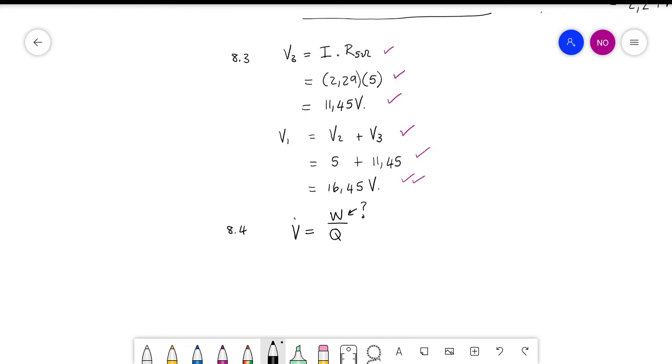Do we have the amount of charge flowing through it? No, but can we calculate it? Yes, because Q is equal to I delta T. So I'm first going to calculate the amount of charge, and from there I'm going to put it in and calculate energy.